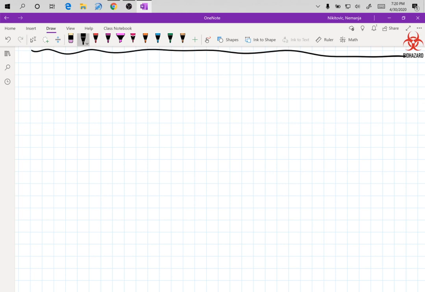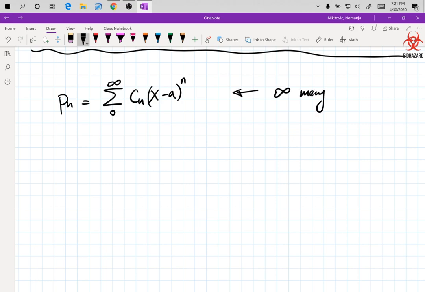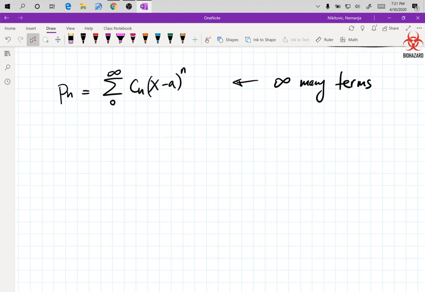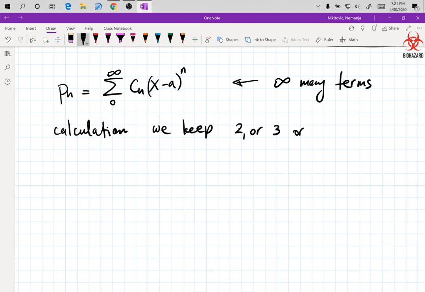So one more time, our power series is given as the series from 0 to infinity of Cn (x minus a) to the n. So over here there are infinitely many terms. Now, for calculation, we keep 2 or 3 or 4 terms, right?